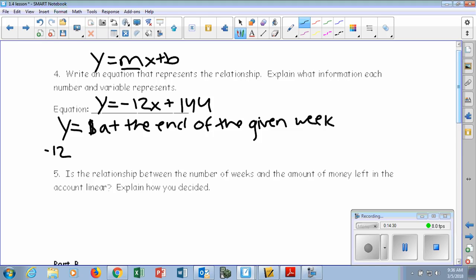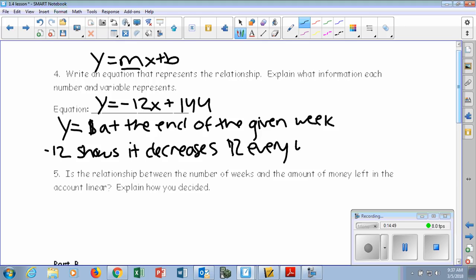What does that represent? Yeah, negative 12 shows it decreasing. Shows that it decreases $12 every week, right?